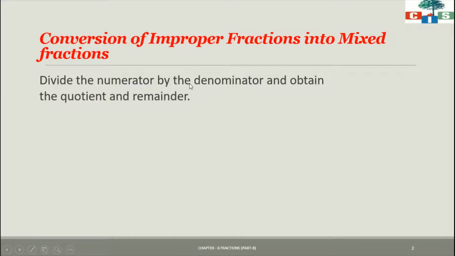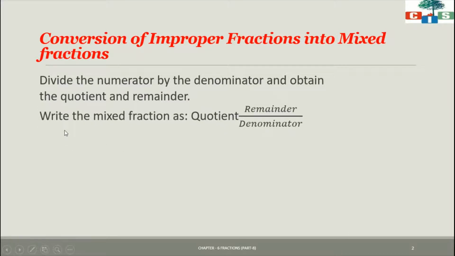First task is that you have to divide the numerator by the denominator and obtain the quotient and the remainder. This we all know how to divide. And then you will write the mixed fraction. How you will write? Quotient as whole number, remainder as new numerator divided by denominator. Okay, I will show you one example related to it.